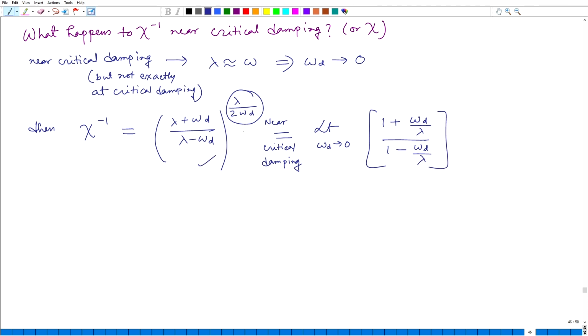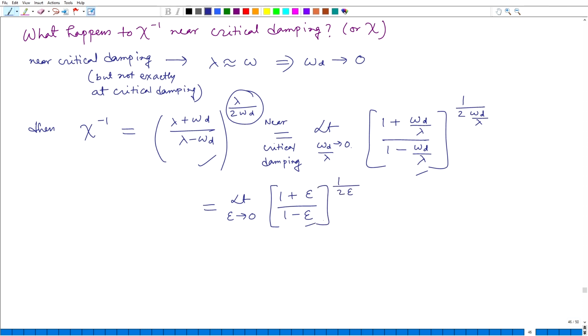You can just write from this is equal to this, and then you also write half omega d over lambda. Okay. So, this is something very interesting, and then you can actually write. So, if omega d tends to 0, then omega d by lambda also tends to 0, then you can write this as the limit epsilon tends to 0, where you call omega d by lambda as epsilon, which is very small, as 1 plus epsilon by 1 minus epsilon to the 1 by 2 epsilon.